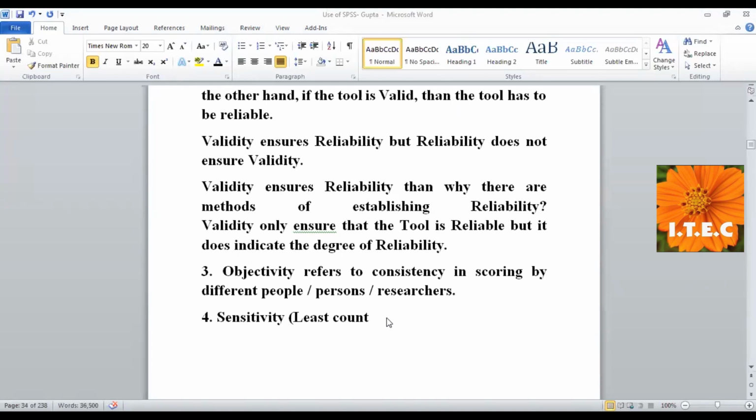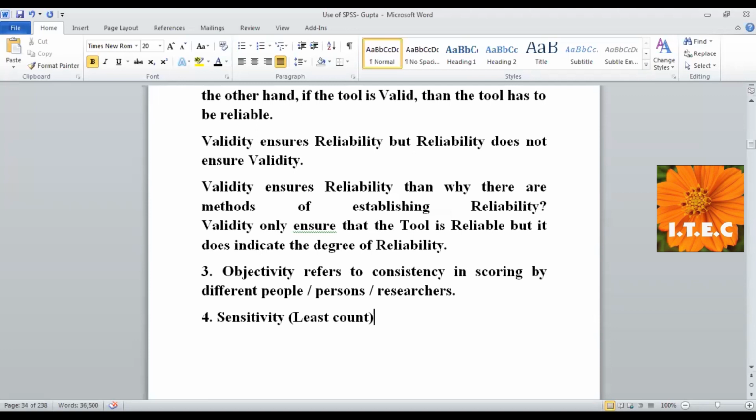And in the watch, now there are many digital watches where you can take the fraction of a second also. So those watches which can give you fraction of a second are more sensitive in comparison to the watches which can give you only 1 second.